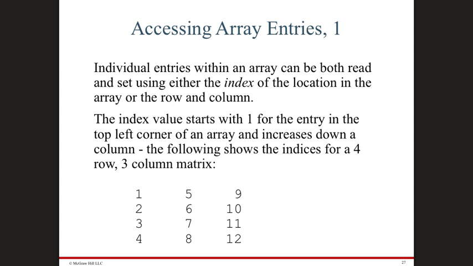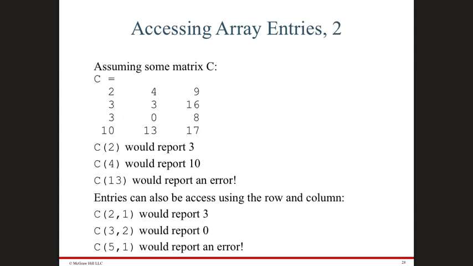You can actually access any element of an array. For example, here, if we have this matrix C, and then you say C of 2, this means that this is gonna be which element? Second row. C2 is 4.